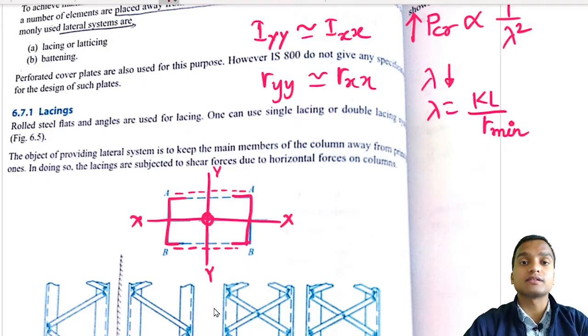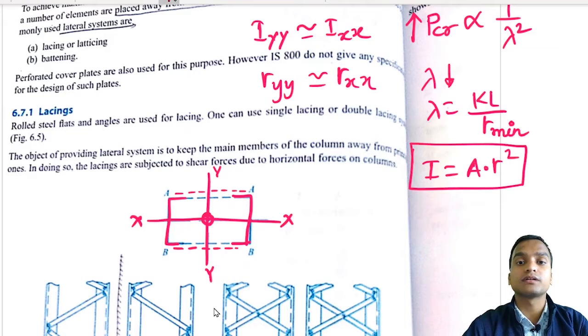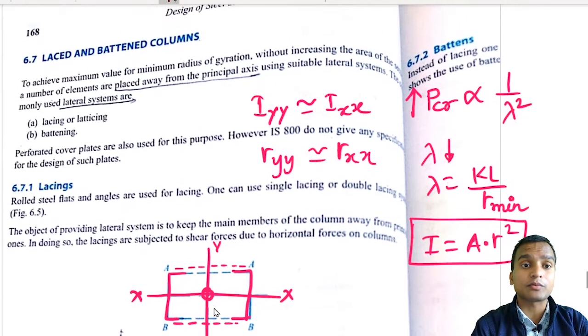What is the relation between moment of inertia and radius of gyration? Moment of inertia is equal to A times radius of gyration squared. Alright, so this is the basic concept behind the design of built up columns.